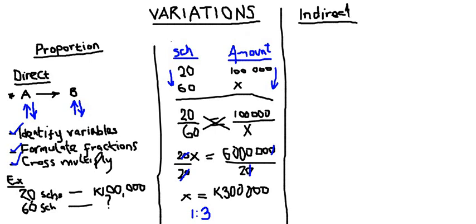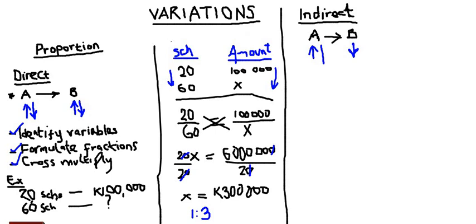So the steps for solving indirect proportion. For indirect proportion, if these two variables a and b are indirectly proportional, it simply means when we have an increase in variable a, we should expect a decrease in variable b.